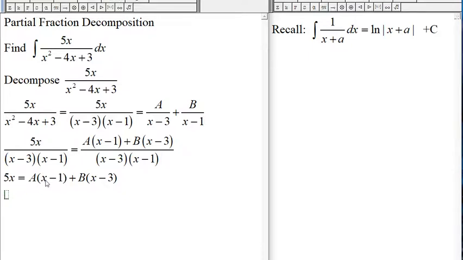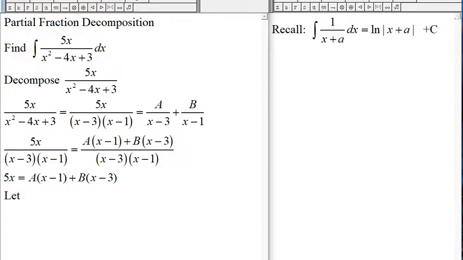This equation is true for any x, so we can let x be 1, because then 1 minus 1 is 0. And to figure out what a is, we pick something that would make the other factor 0, so we can let x be 3.